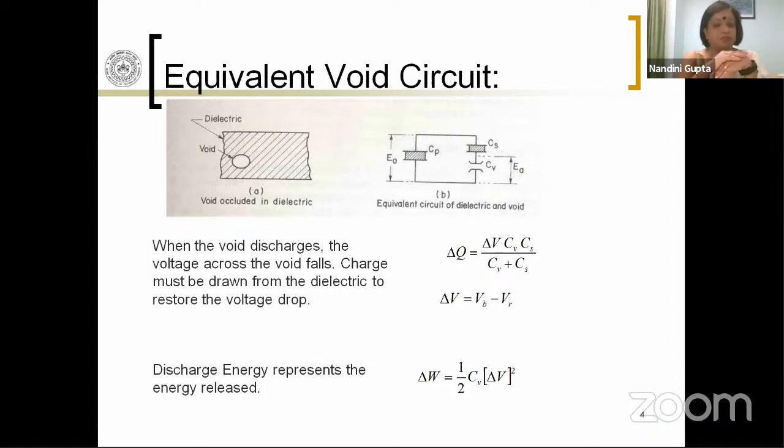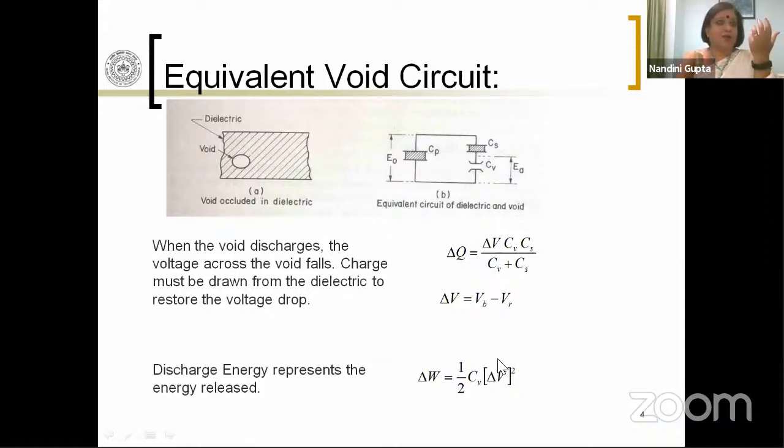This may not always be true. The dielectric may be able to hold some amount of charge, and therefore, even after discharge, you might find some residual voltage across the void. Let us call that VR. So the delta V that you have, because of the dissipation of a charge delta Q, is equal to VB minus VR.